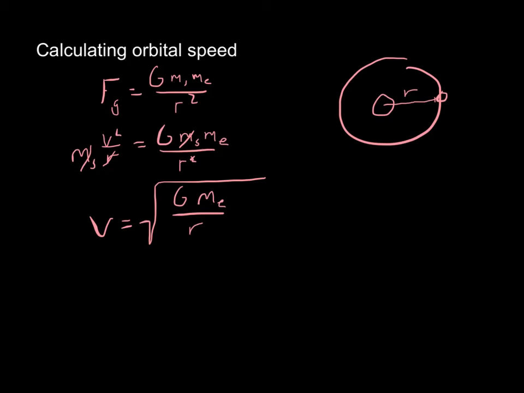Now, one very, very important point here, this is a common mistake. This r, remember, is between the centers of mass. So for this problem, that's from the center of Earth to the satellite.